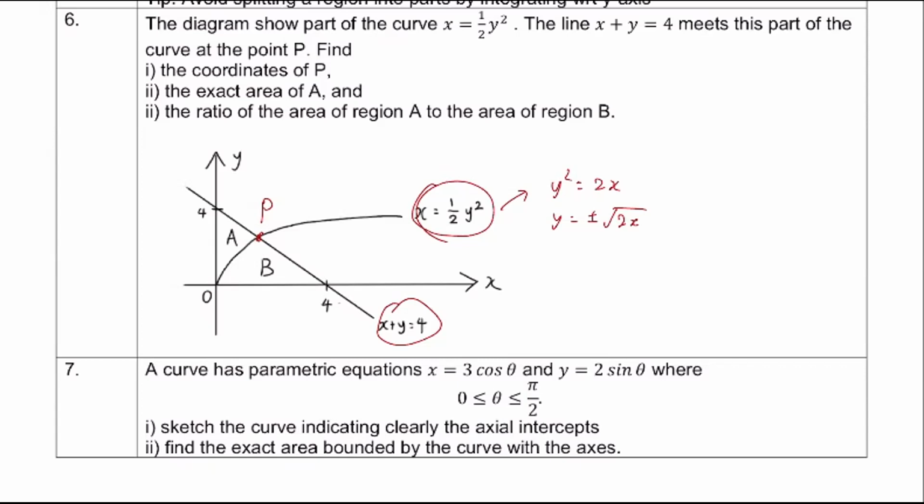Okay, so here the graph only shows the upper half. So it means this is actually just the positive square root 2x. Yeah, reject the negative. What do you get as the intersection?